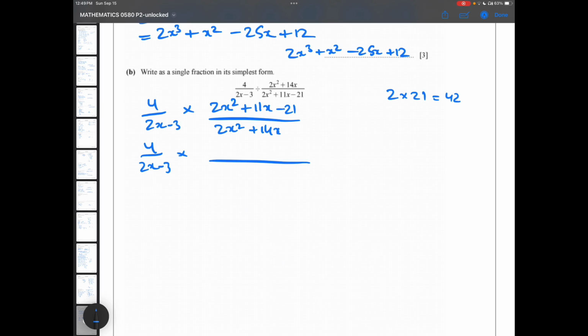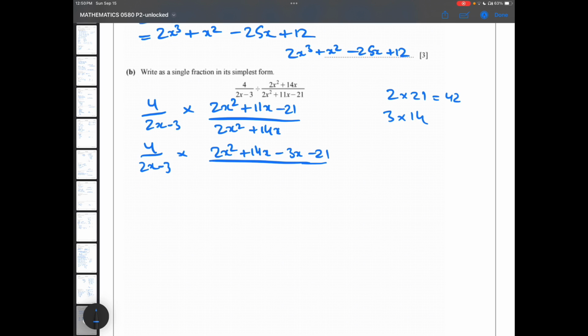It comes in the table of 3 as well. 3 into 14 is 42, and we can form 11 through it as well. So I will write 2x squared plus 14x minus 3x minus 21.